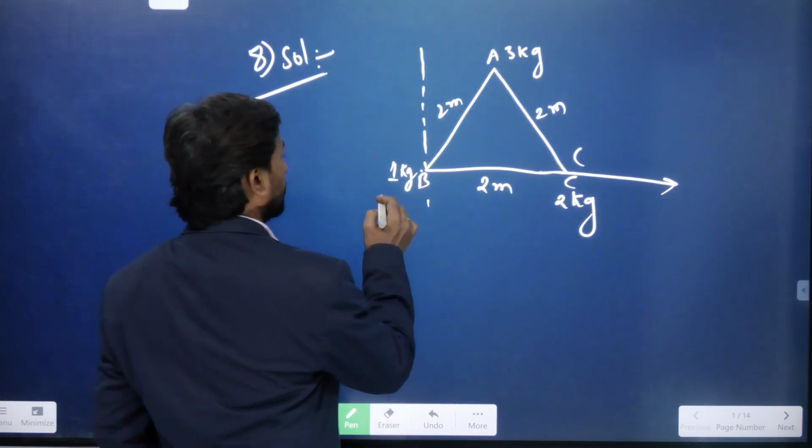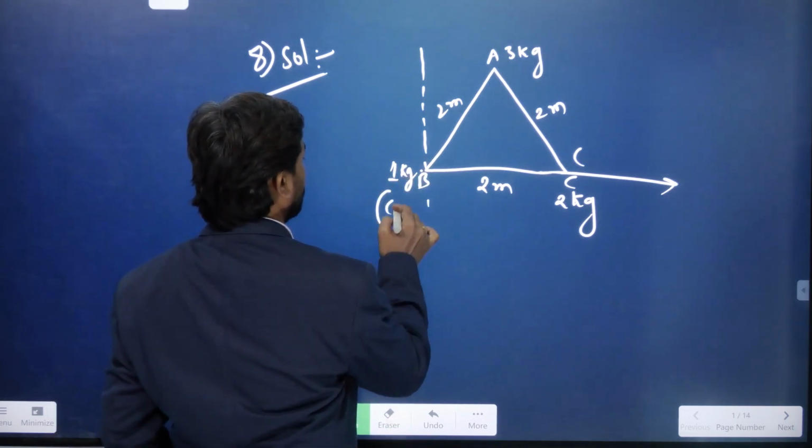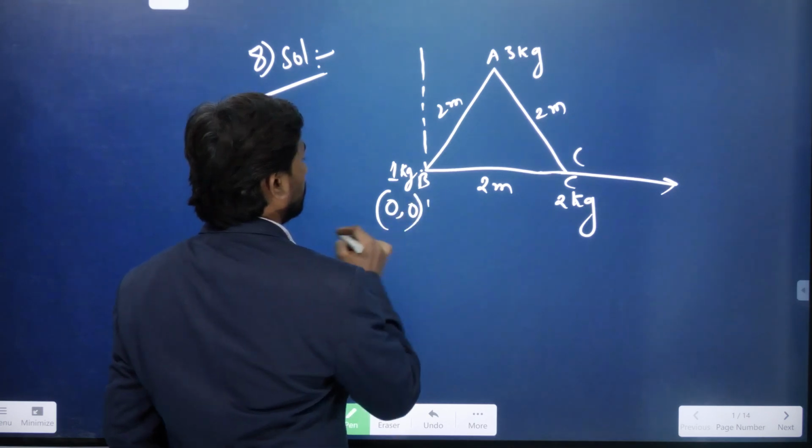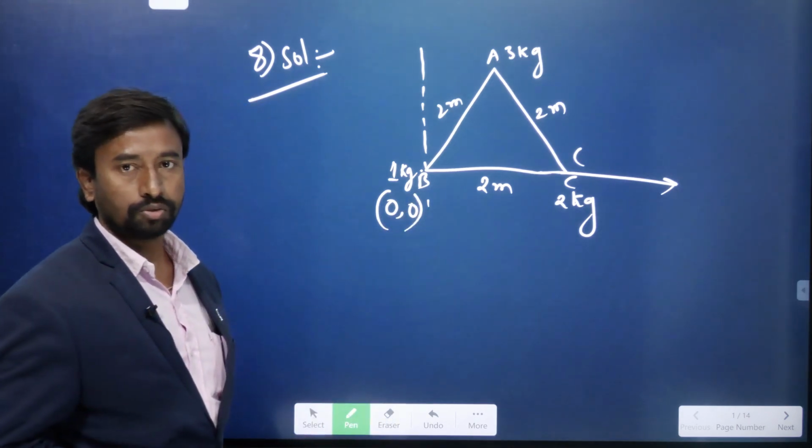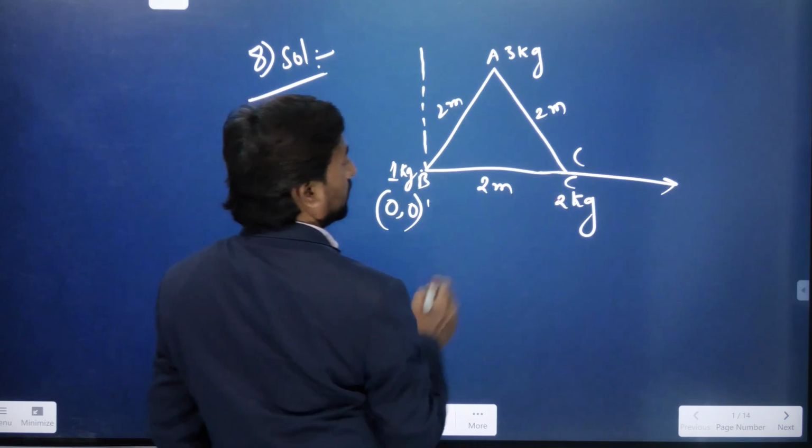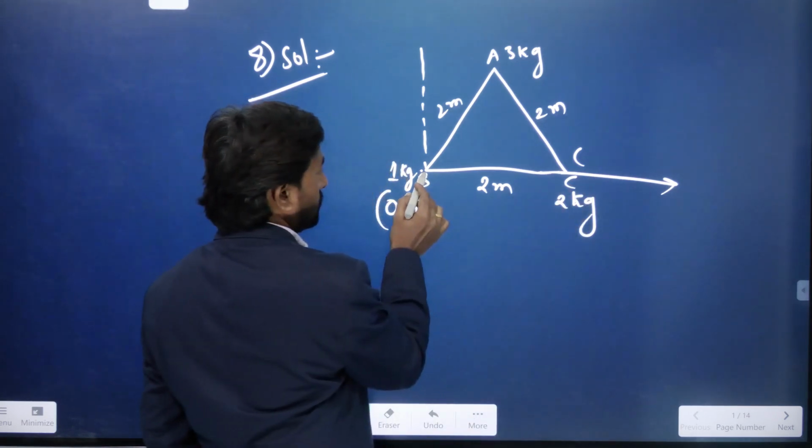So we can say the coordinates of this 1 kg mass particle are 0, 0. For the second particle, it is at a distance of 2 meters from the origin.